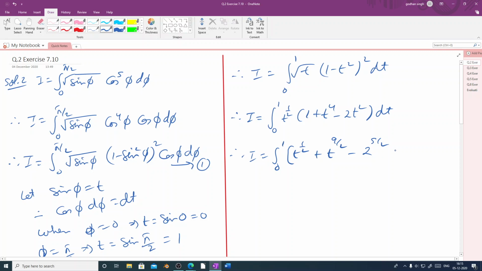And dt here, so we'll be integrating this. We know that the integration of x raised to n is x raised to n plus 1 over n plus 1.